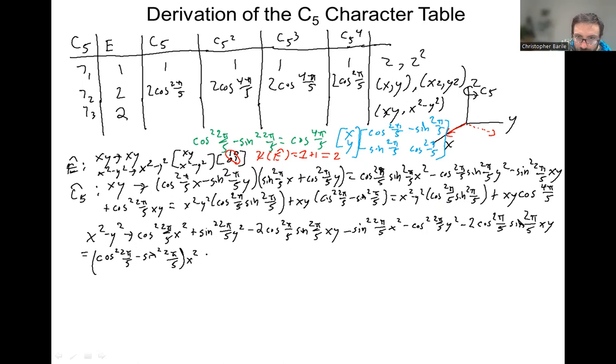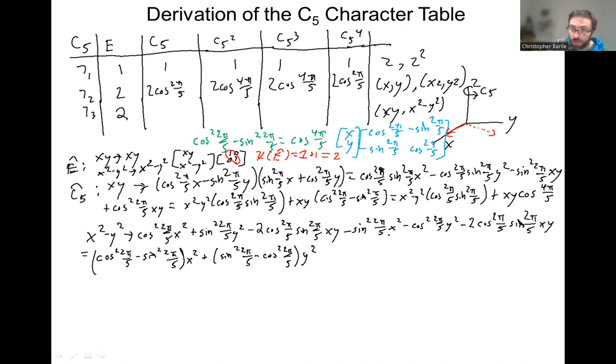And then we have plus, let's factor out a y squared, sine squared 2 pi over 5 minus cosine squared 2 pi over 5, all that times y squared.